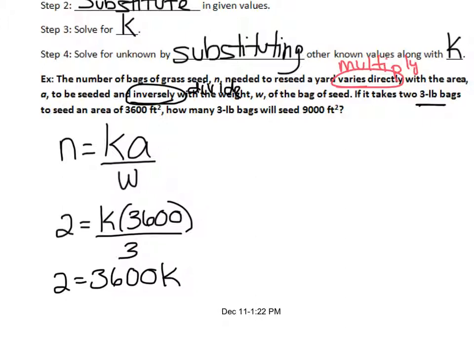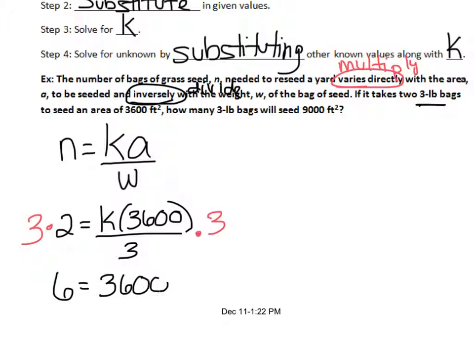Well, the opposite of dividing is to multiply, and if I multiply on one side, I'm going to multiply on the other. So this really becomes 6 equals 3,600K.